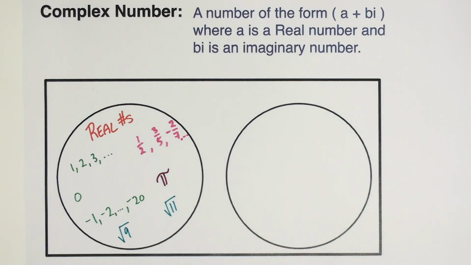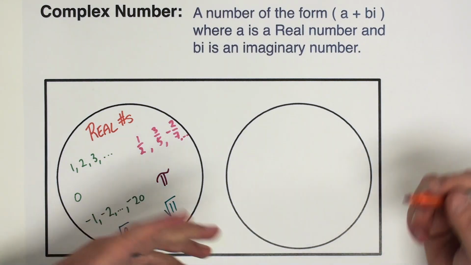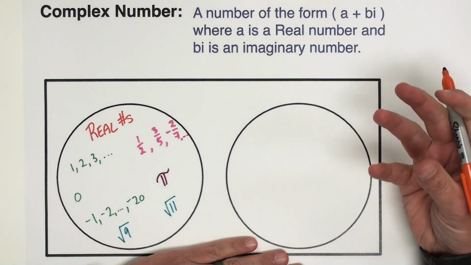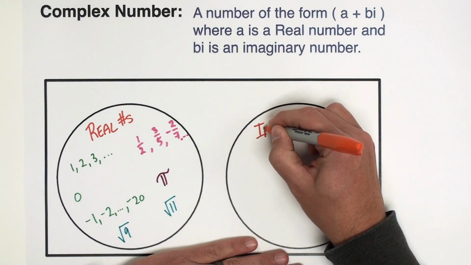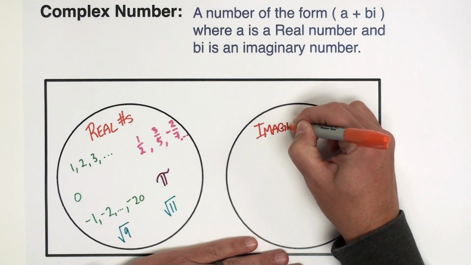Well, at the start of this lesson, we had to solve equations that we couldn't solve before. Introduced a new system of numbers, and those system of numbers are called imaginary numbers.